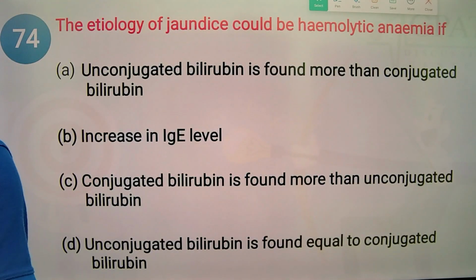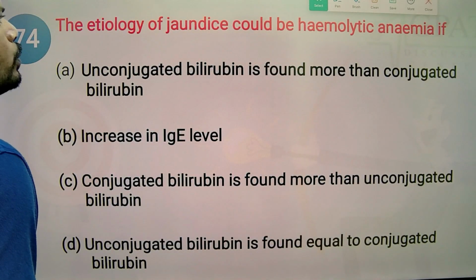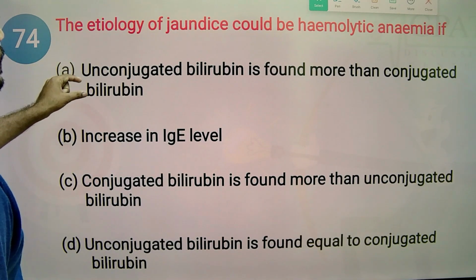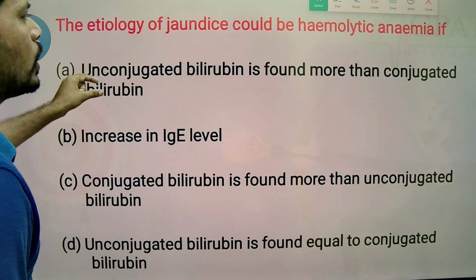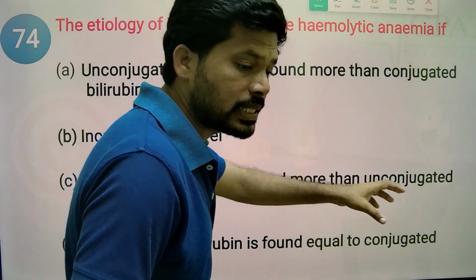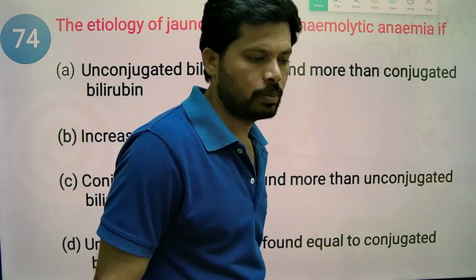Next, the etiology of jaundice could be hemolytic anemia if. The reason behind jaundice could be hemolytic anemia, where there is excess breakdown of blood cells.